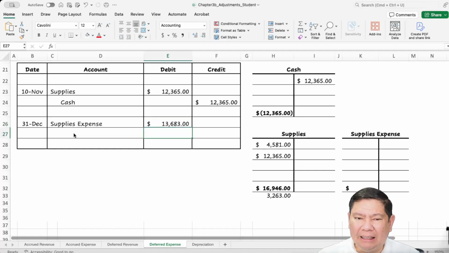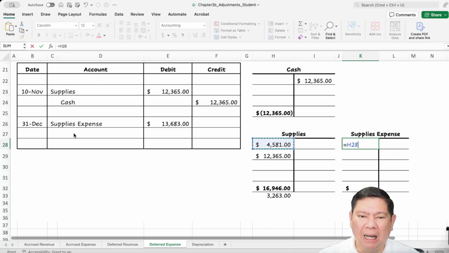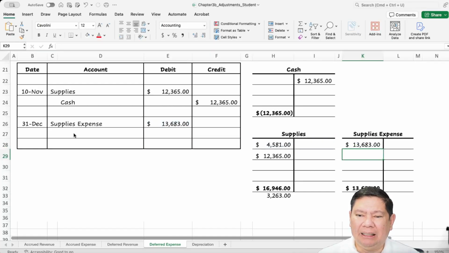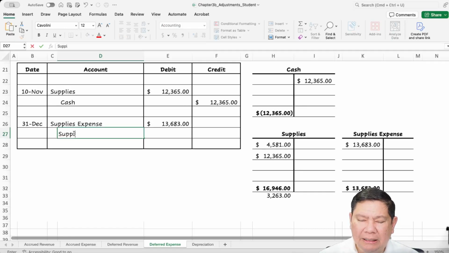So $13,683 must have been used. So we recognize that as our supplies expense, $13,683. And then we have to adjust our supplies account.